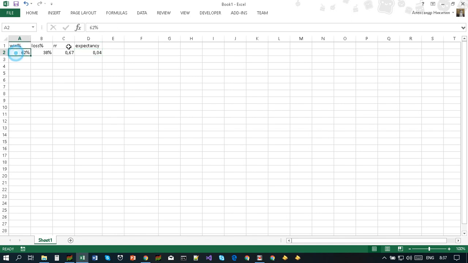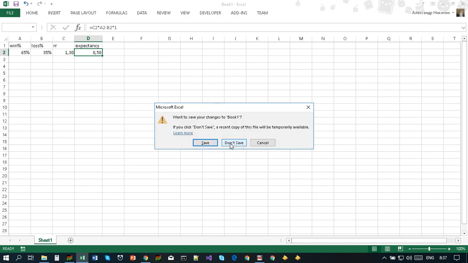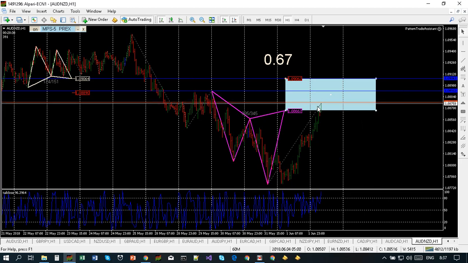Okay, with this approach, the average risk to reward turns into 1.30, and the win percentage increases 5%. This way the expectancy turns into 0.50. You see? So if traded this way, ciphers are profitable. They are very, very profitable.